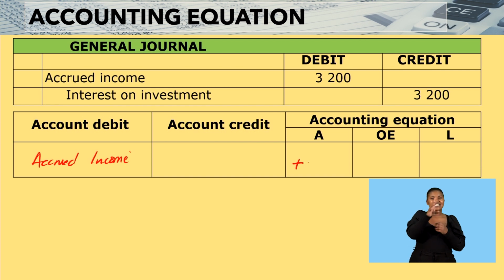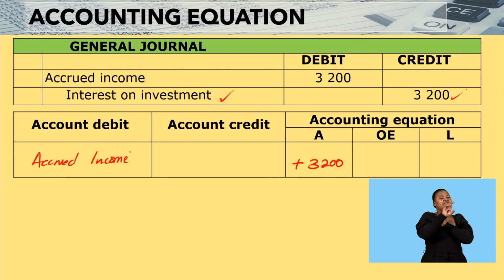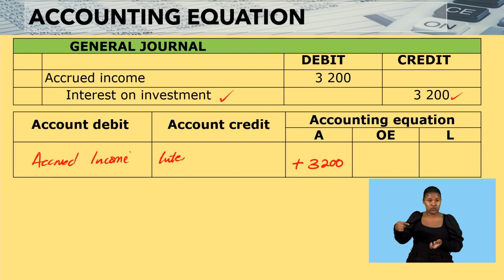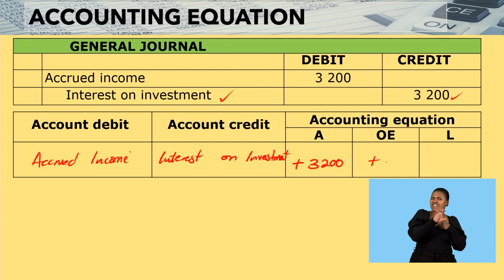So I come to my assets, it's plus 3,200. And we credit interest on investment. So that means I'll come to my credit side, then I have my interest on investment, and that means I will come to my owner's equity, and my owner's equity will increase with 3.2.